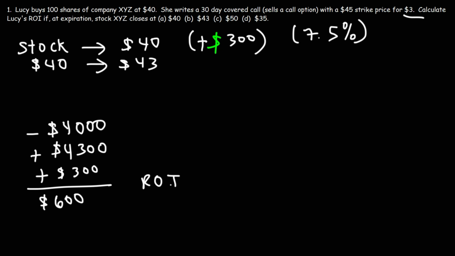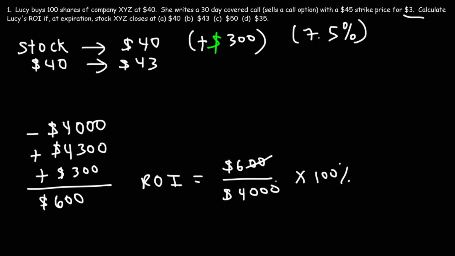So now to calculate her ROI, that's going to be the profit, which is $600, divided by her cost of investment, which is still $4,000, and then times 100%. If you cancel the two zeros, you can take 6 and divide it by 40, which is 0.15.